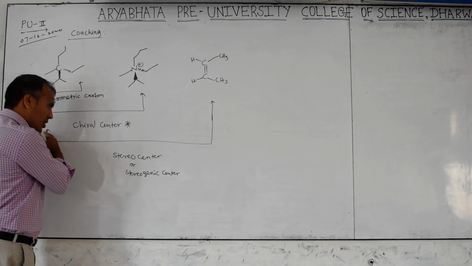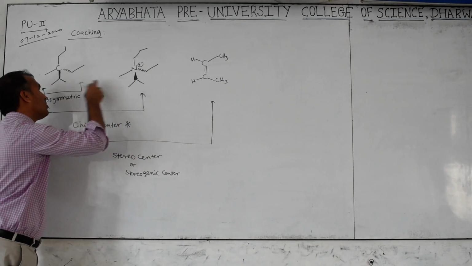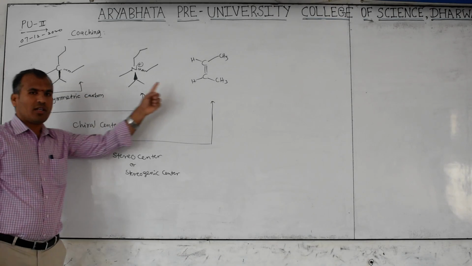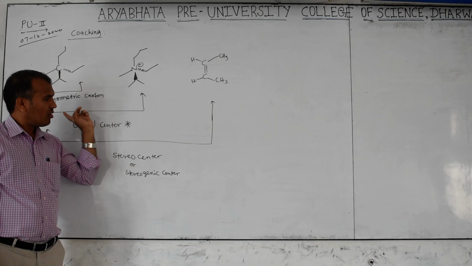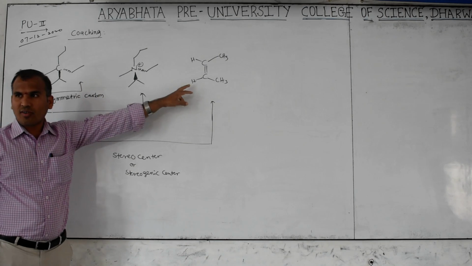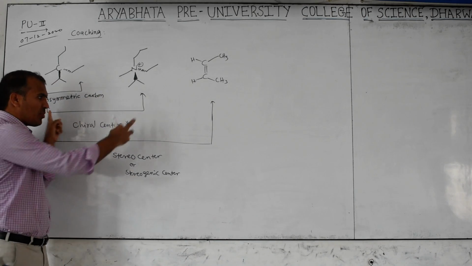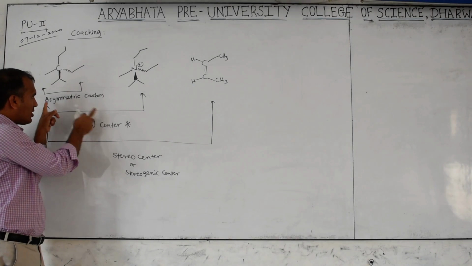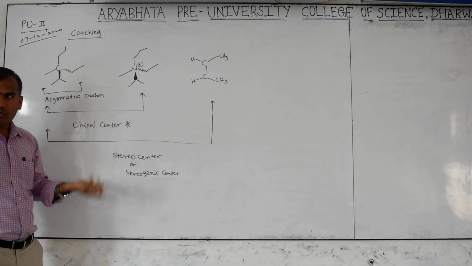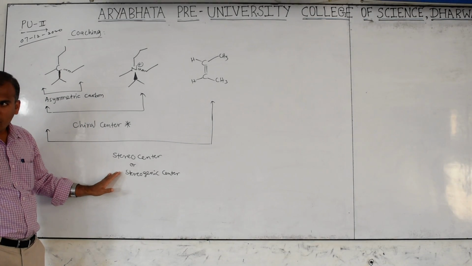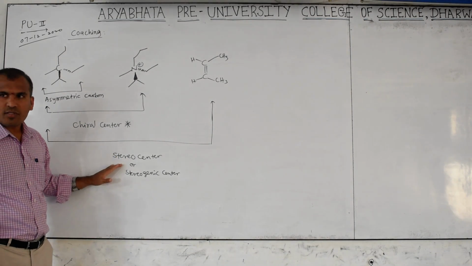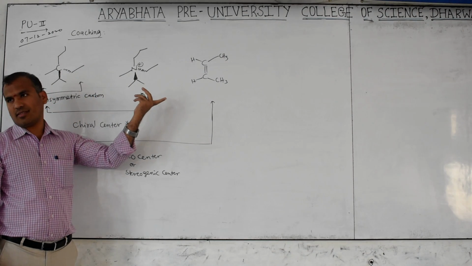Stereo centers are given for all of these. But are all of these chiral centers? This is not a chiral center. Chiral center is only up to these two. Asymmetric carbon is only this. Based on this, what did you conclude? All chiral centers are stereo centers, but all stereo centers are not chiral centers.